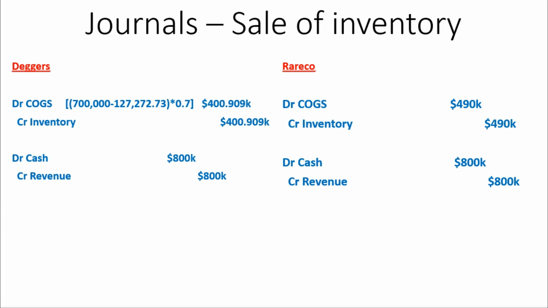So when calculating our COGS, we need to take the $700,000 original amount. We take away these two adjustments that we made because we credited the inventory and reduced its value, and then we multiply it by 0.7 to get our cost of goods sold. So that comes out to $400.909 thousand. Okay, so that is all we do.